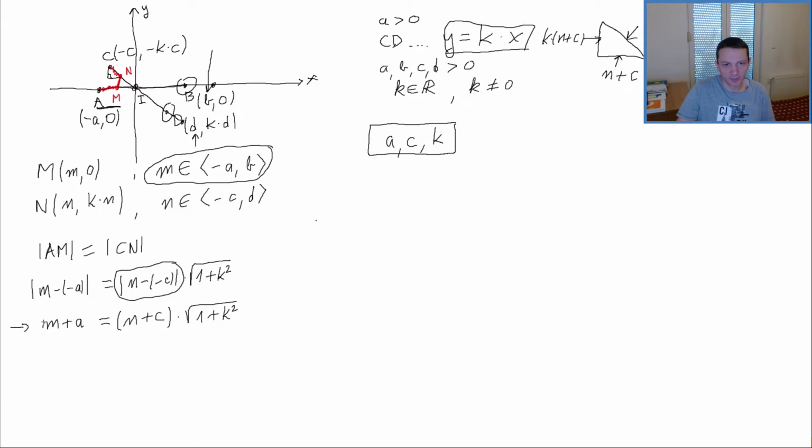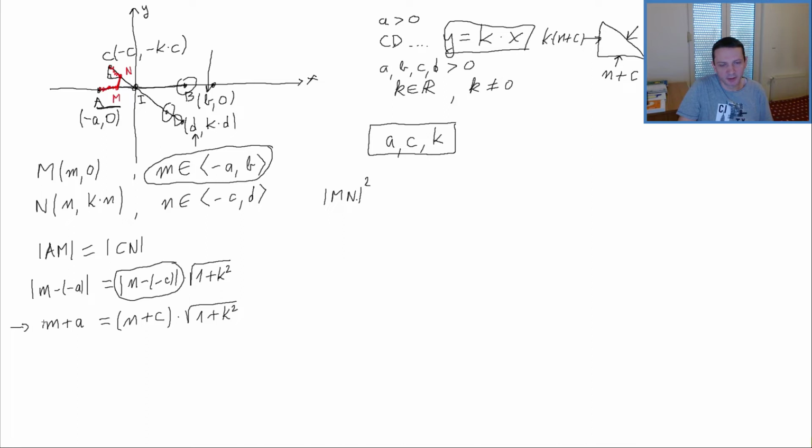So we need to minimize distance from M to N. Simply we shall take the square of that distance, because MN and MN squared simultaneously have minimums in the same point, because the quadratic function is increasing on positive numbers.